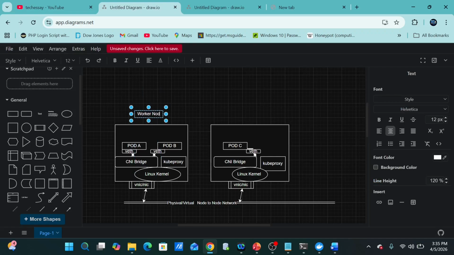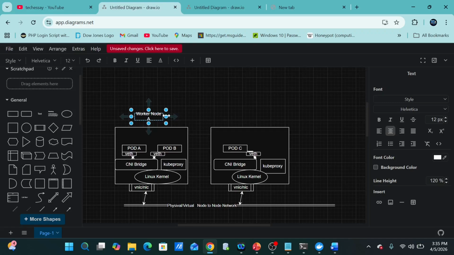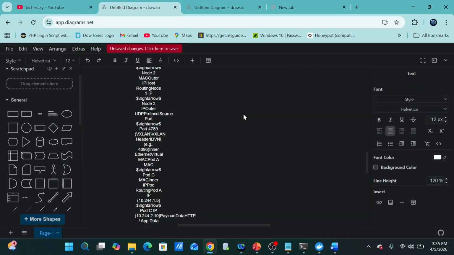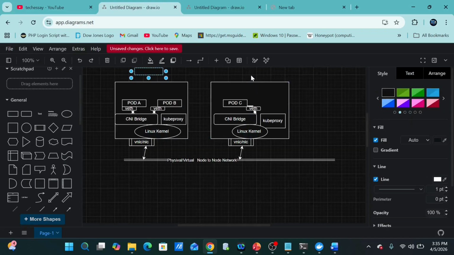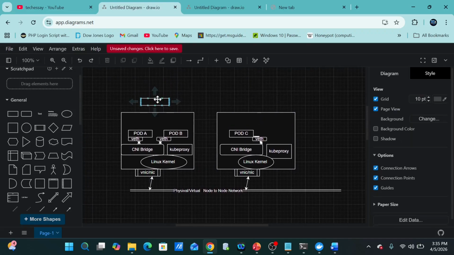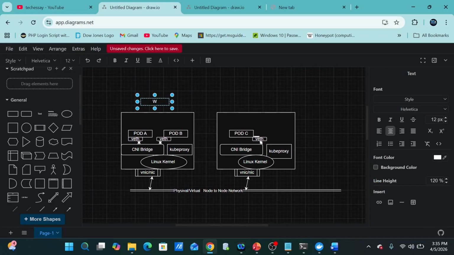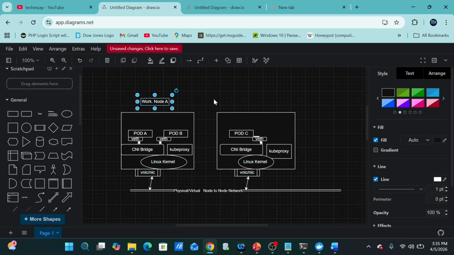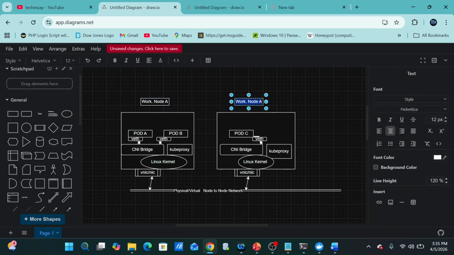Let's suppose worker node A. Okay, and this is worker node B.